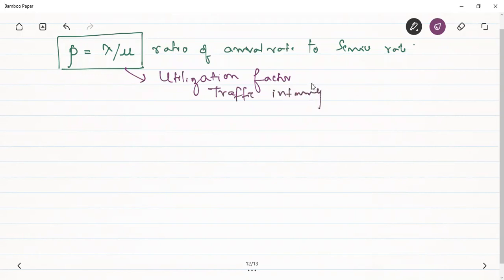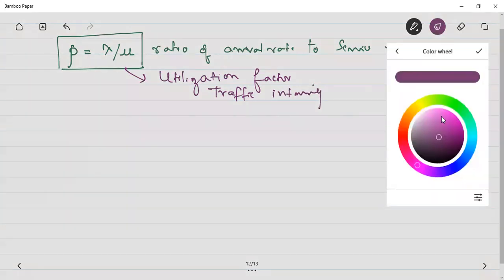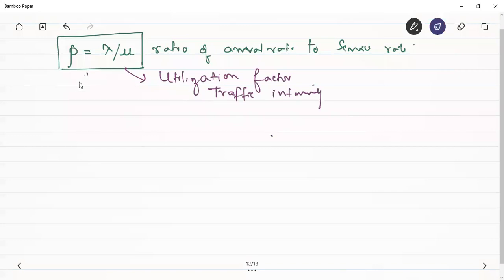Okay, an extremely important parameter. It gives us the probability that the server is busy.